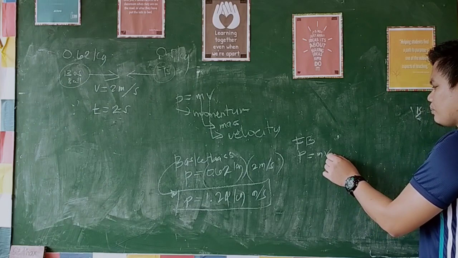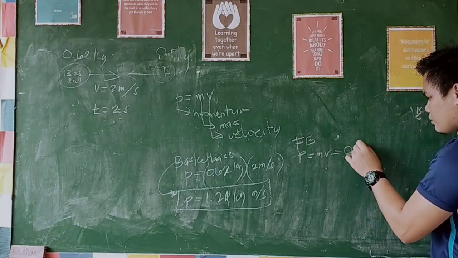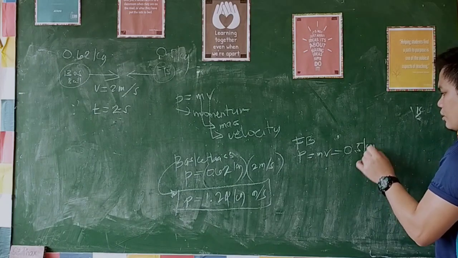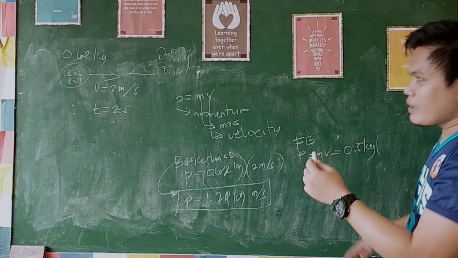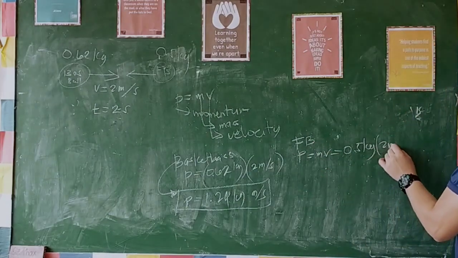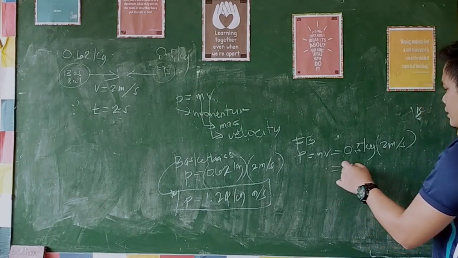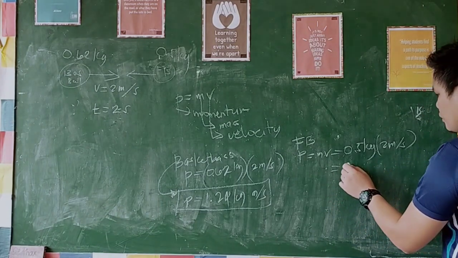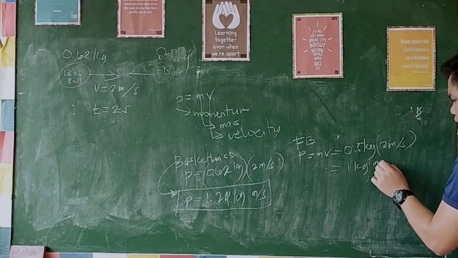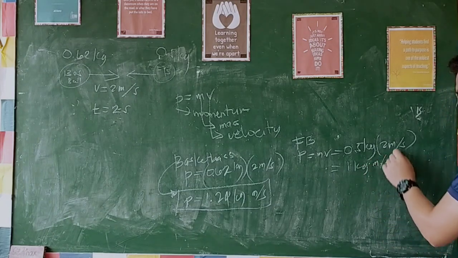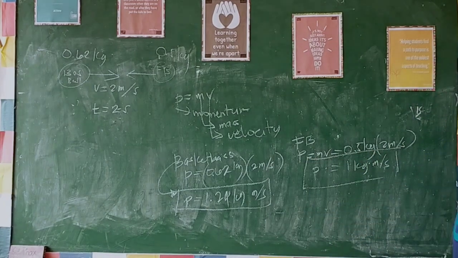The mass of the football is 0.5 kilograms times, we assume the velocity of the collision as 2 meters per second. And this is equal to 1 kilogram meter per second. So this is the momentum of the football.